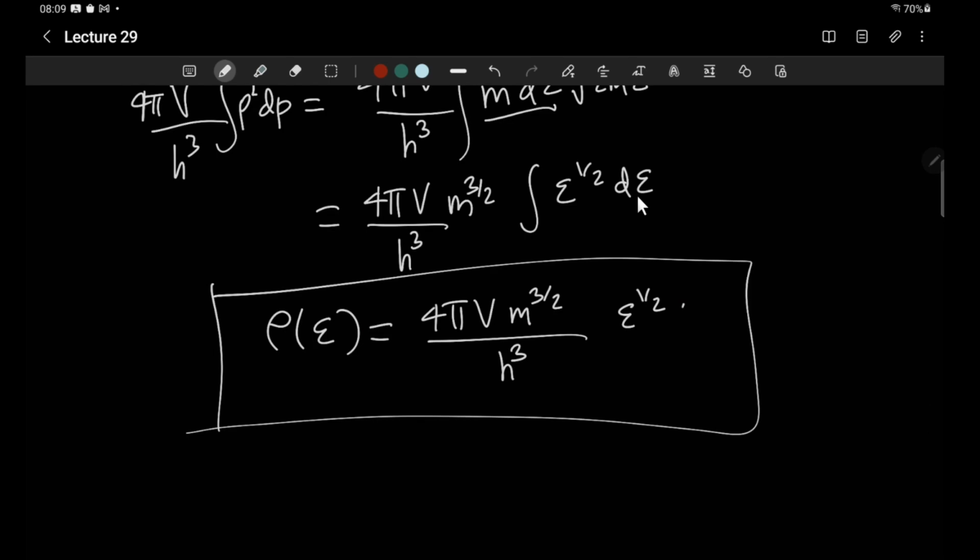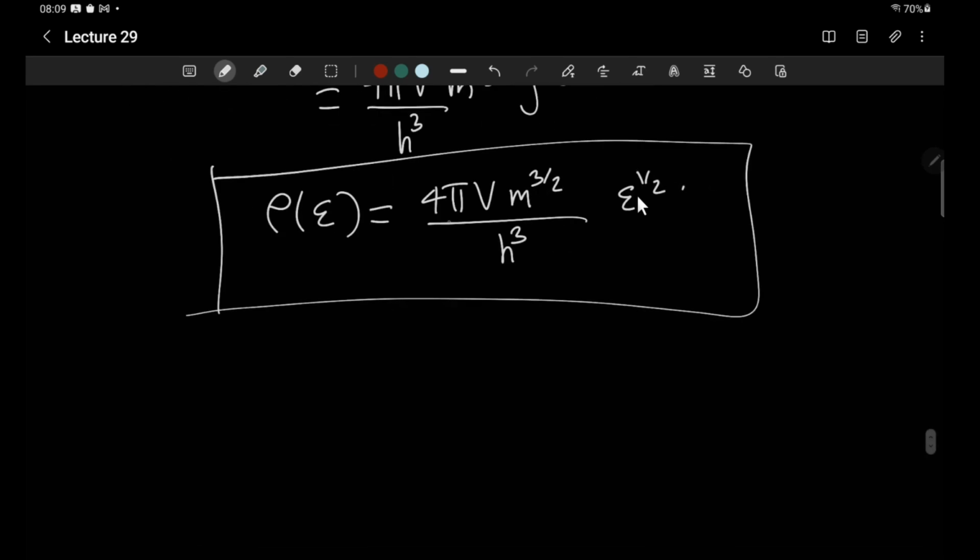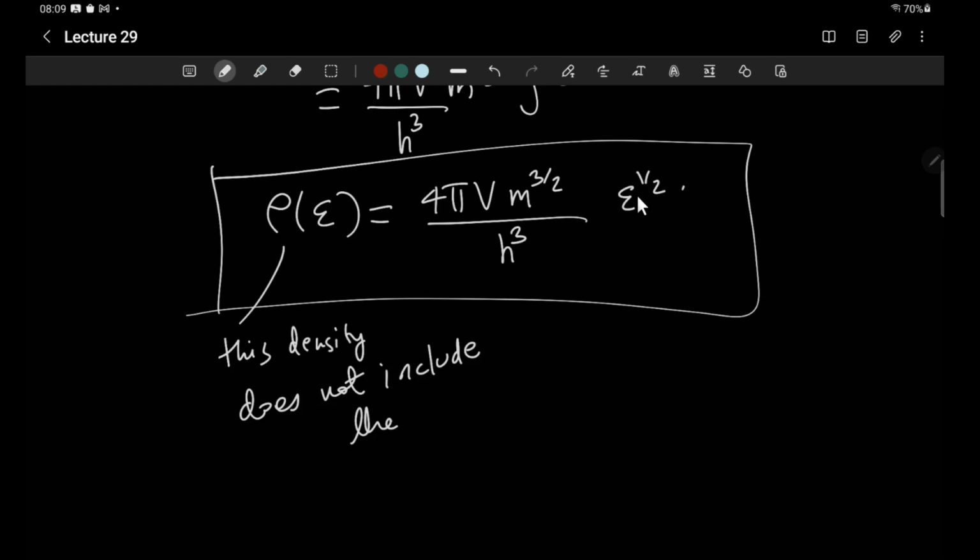Okay, this density does not include the degeneracies, such as those involved in spin.